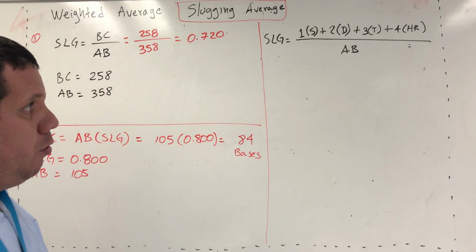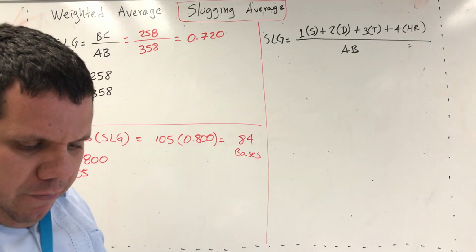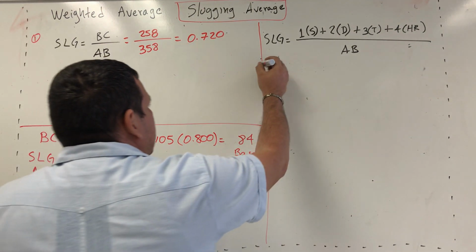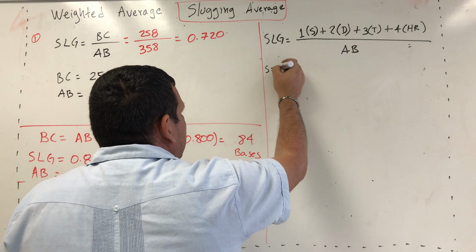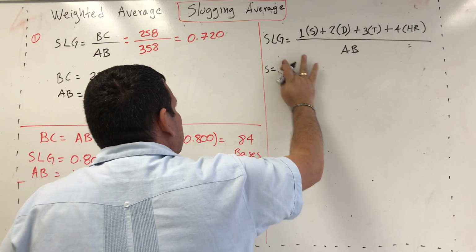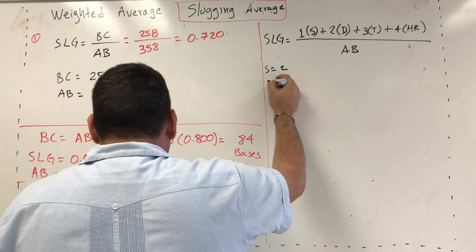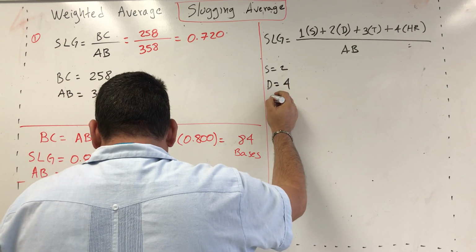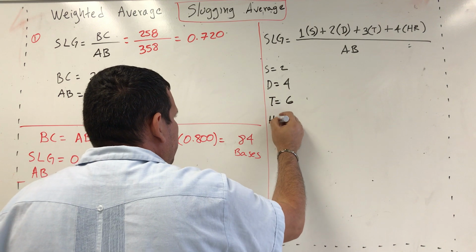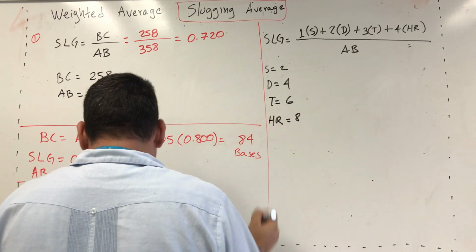Okay, so let's work with an example of this. Let's say that we have a certain player, and the statistics are 2 singles, doubles are 4, triples are 6, and we have 8 home runs.